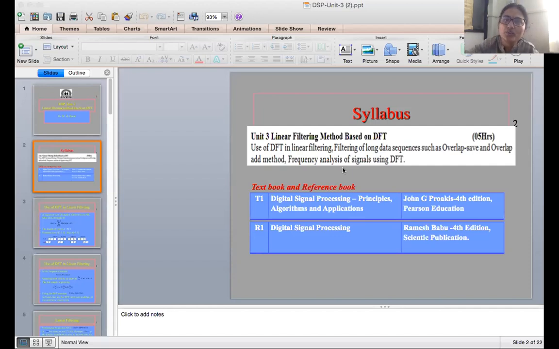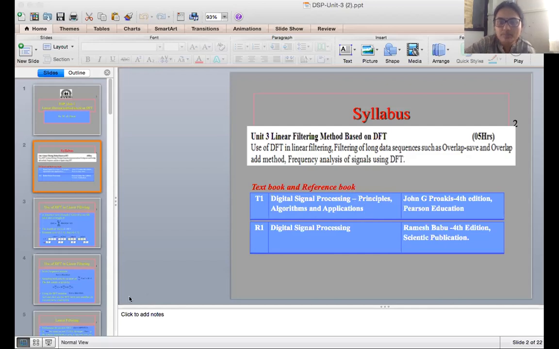Second, frequency analysis of signal using DFT.